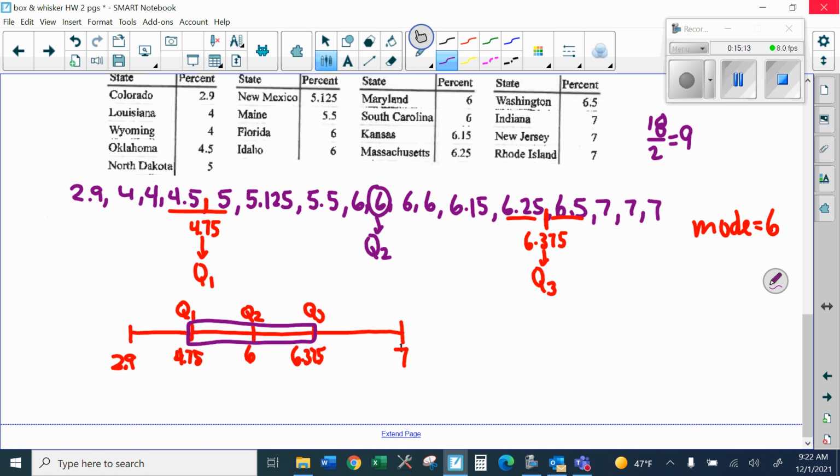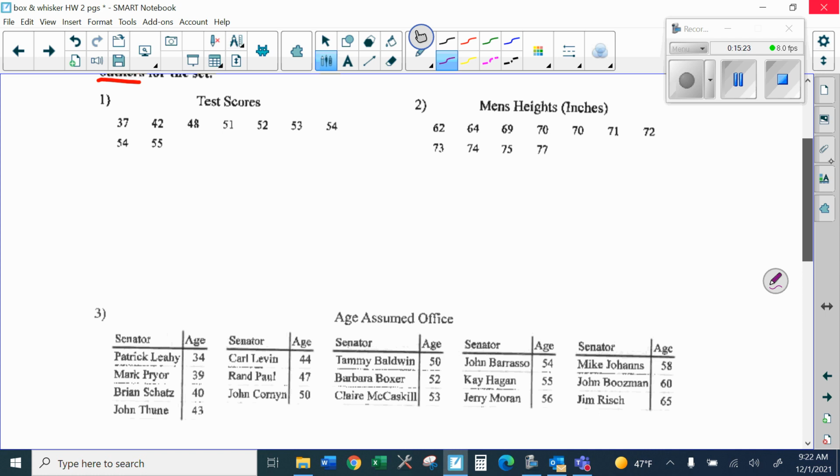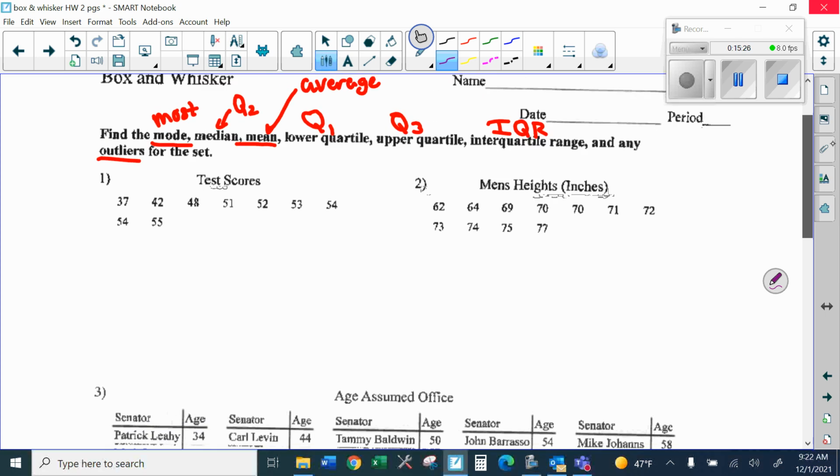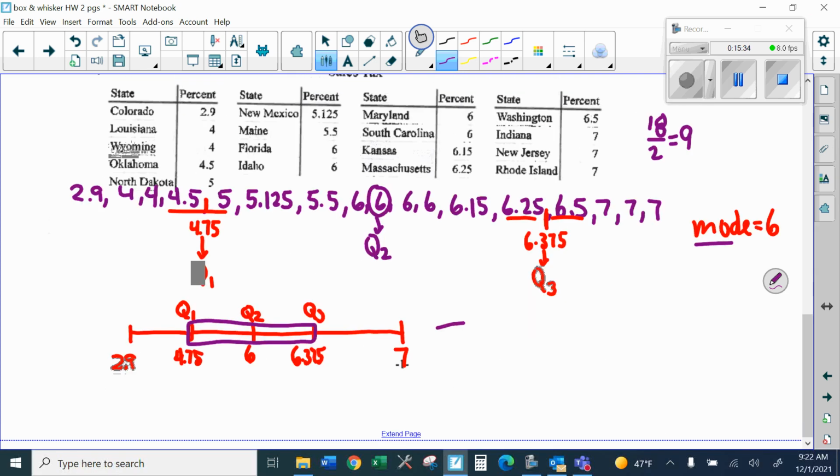Okay, so we've done Q1, Q2, Q3. We've done the mode. We have now the IQR, right? It asks for the IQR, yes. And that's Q3 minus Q1. We've done the mode now. Then we have to do the mean last. Okay, so IQR.